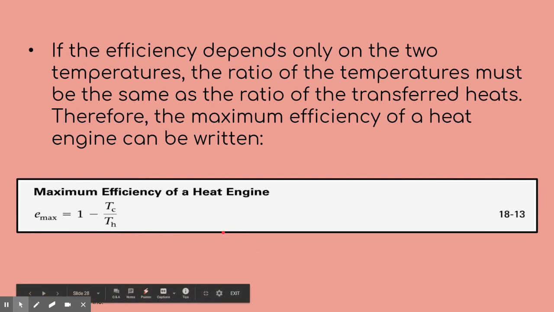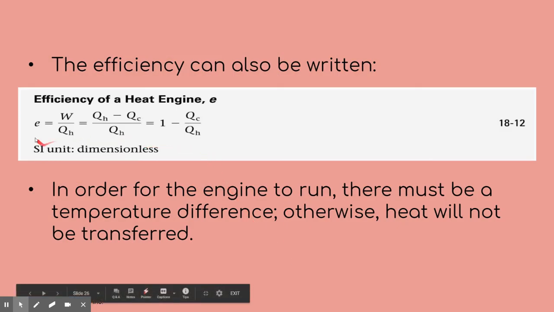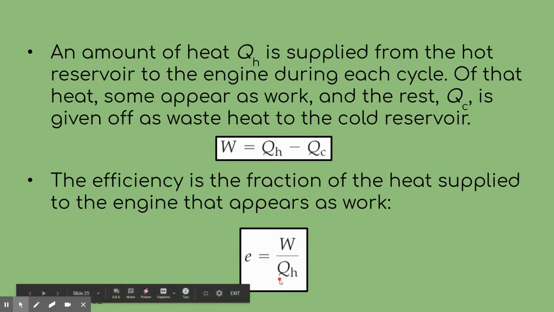So we have several different ways that we can look for the efficiency of an engine, and it all depends on which information we have been given. So what information do we have access to? And we can use that to determine which efficiency formula we should use. But notice this is maximum efficiency and not just efficiency like this one was or this one was.